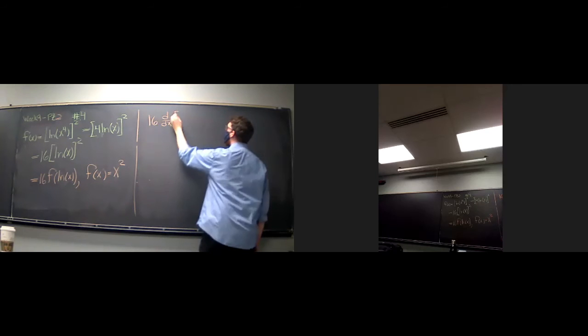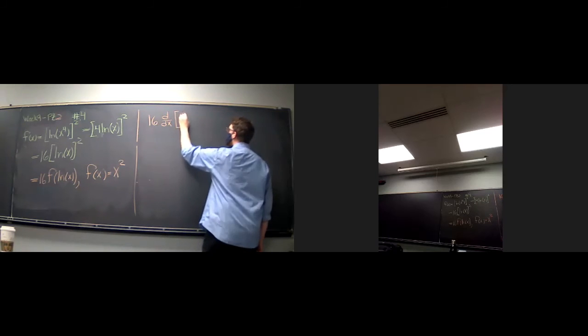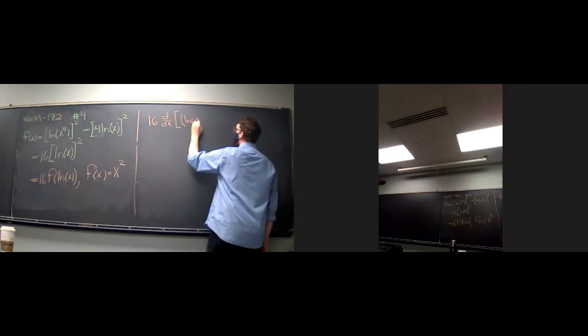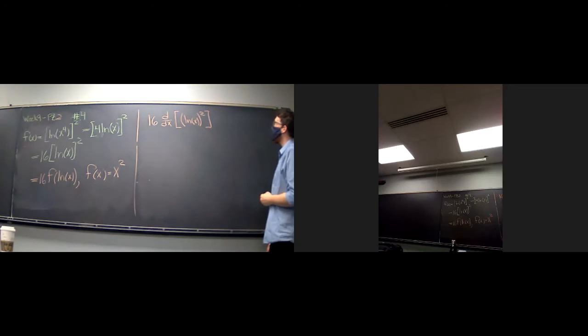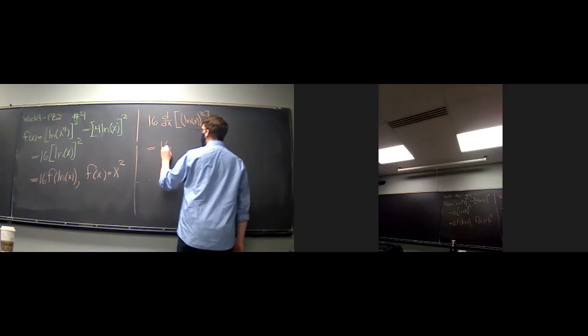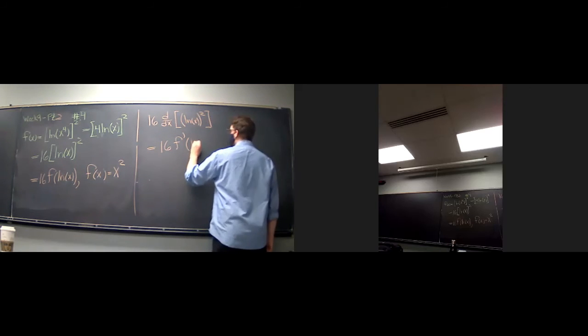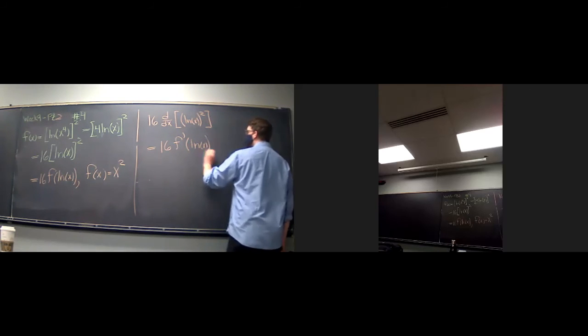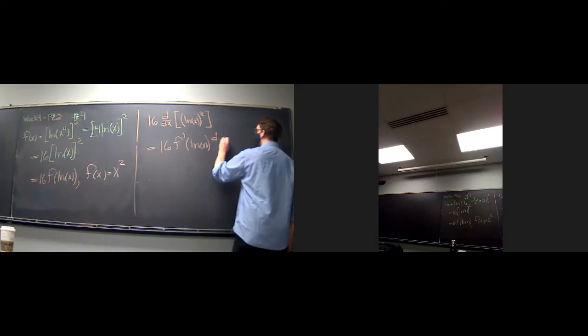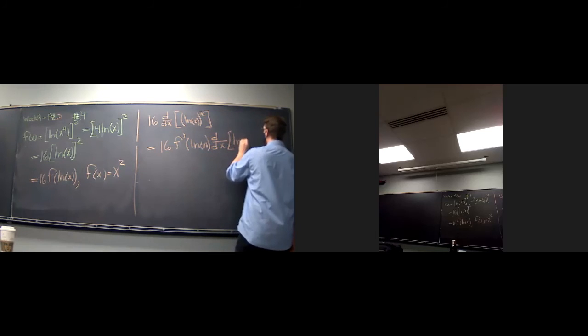let me write it out this way. Ln of x, quantity squared. This is going to come out to be 16 times the derivative of our function, right? On ln of x times the derivative of the ln of x.